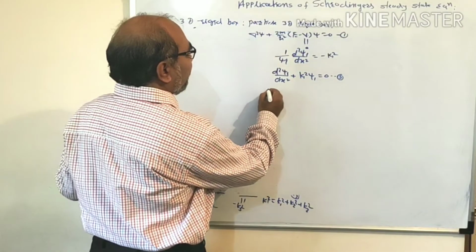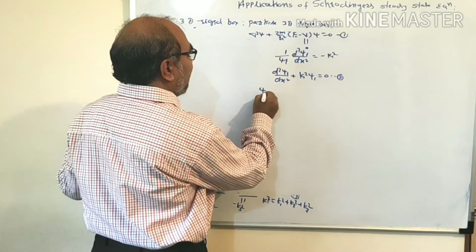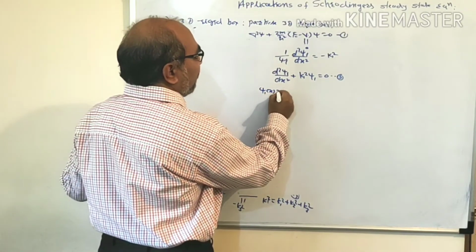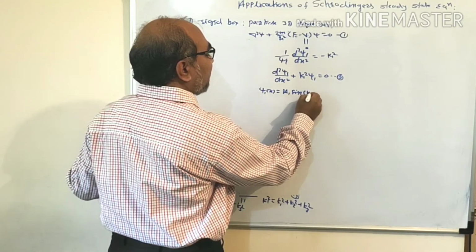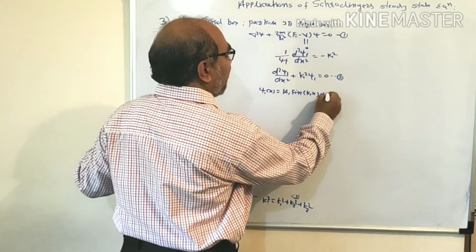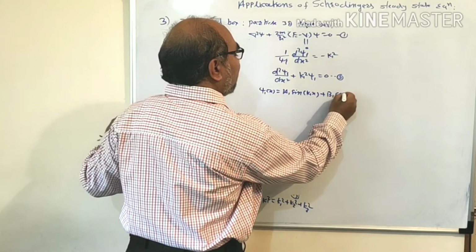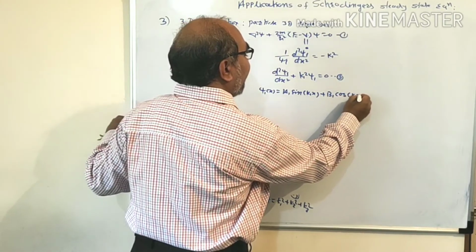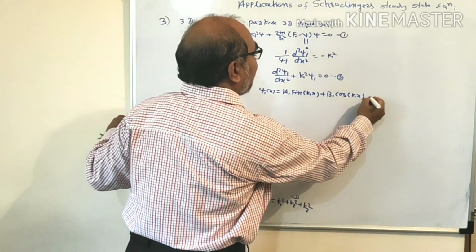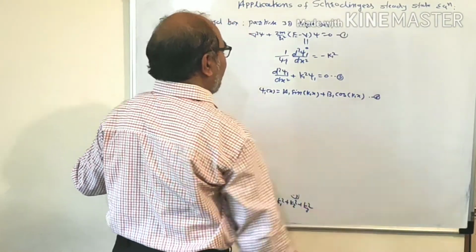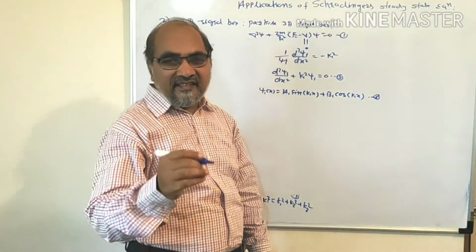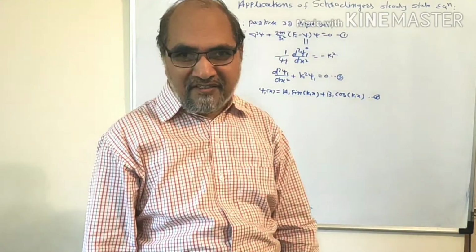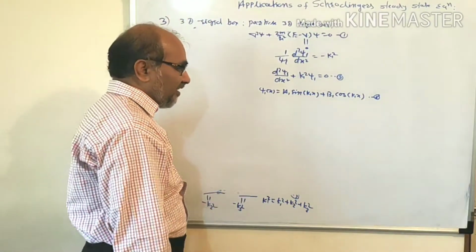The solution is psi 1 of x equal to a1 sin k1x plus b1 cos k1x. Here a1 and b1 are constants that can be determined using the boundary conditions, as we have seen last time.